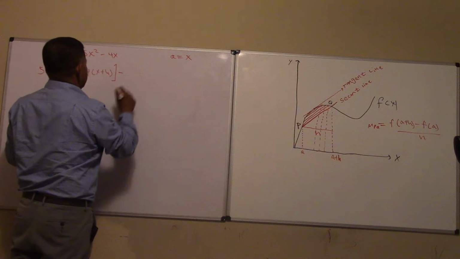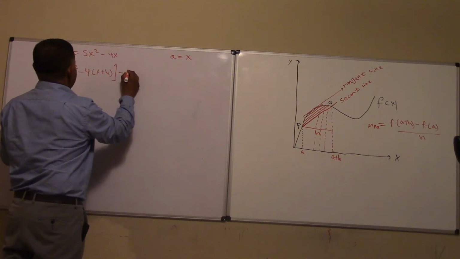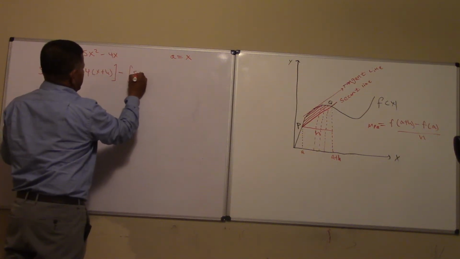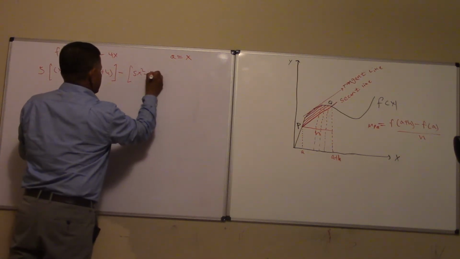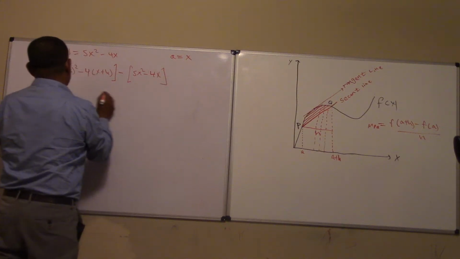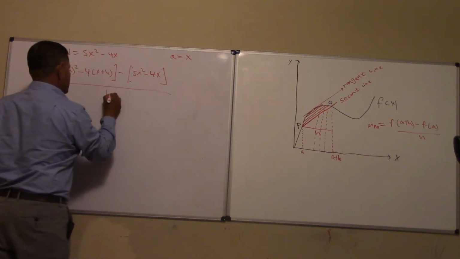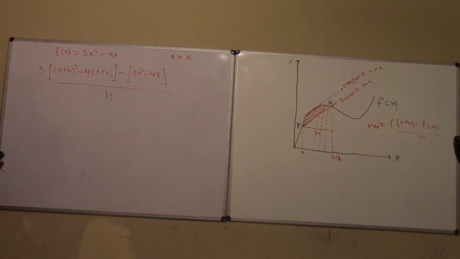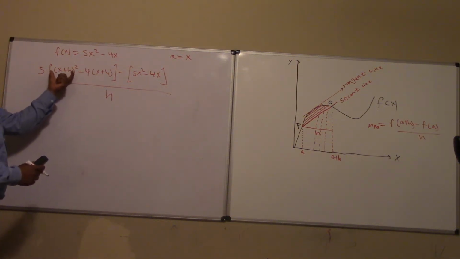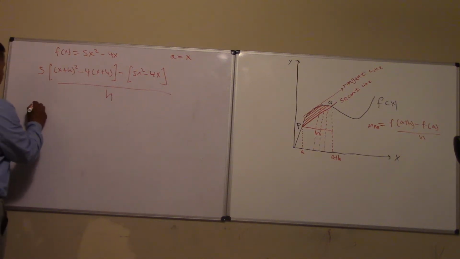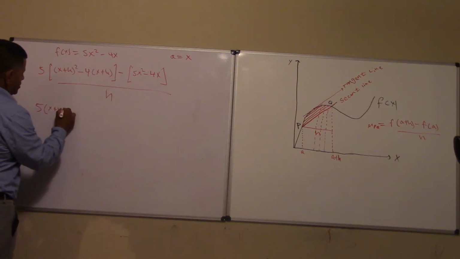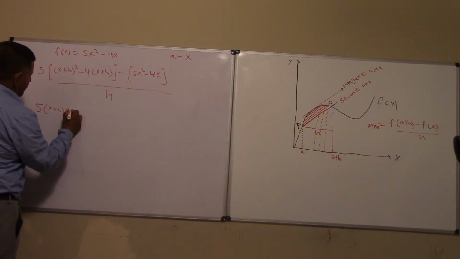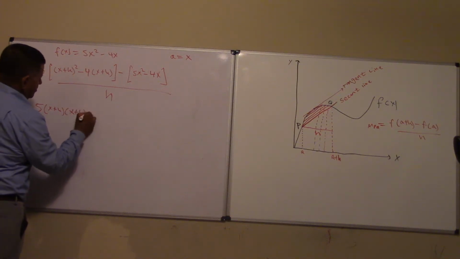And it's a good idea to put the brackets too, right? So here we'll put 5x squared minus 4x, right? Just like that, everything divided by h. At this point, I can actually distribute this, right? So I can say that 5 times x plus h times x plus h, right?